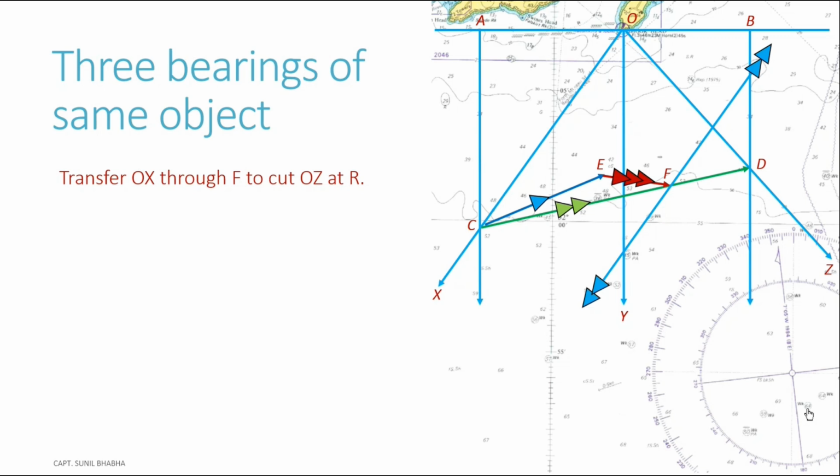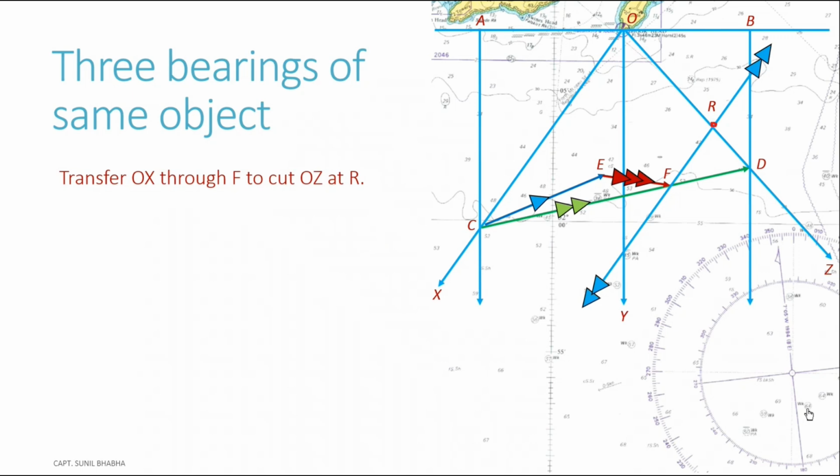Now this transferred position line cuts my third bearing, that is OZ, at a certain point. Let's call that point R. You can see that point on the chart now.